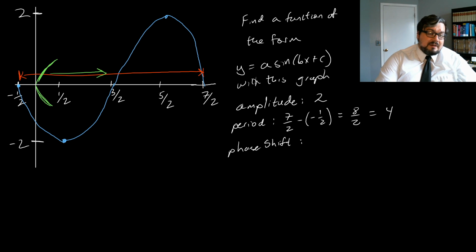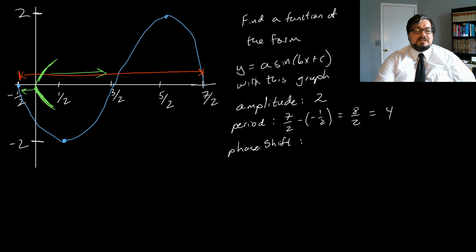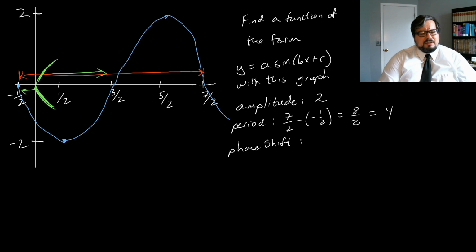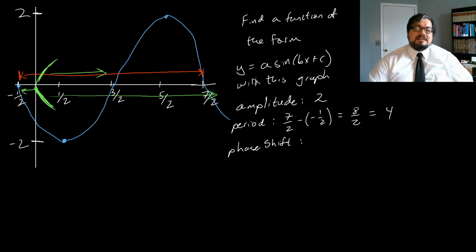Or we could have taken the phase shift of a function that starts off by going down and moving to the left to get to this -1/2. Or we could start with the graph of sine which goes down and shift it all the way over here to 7/2. And in fact, we could just keep going over and over again. There are infinitely many different phase shifts that could be used to describe this function.